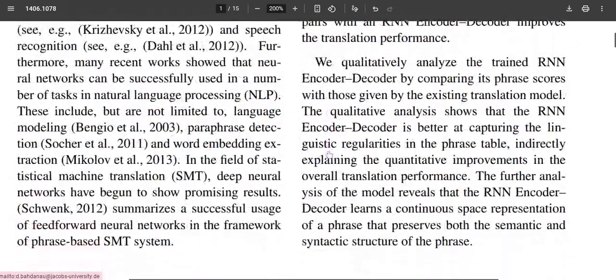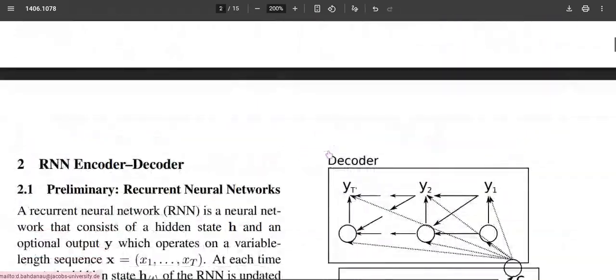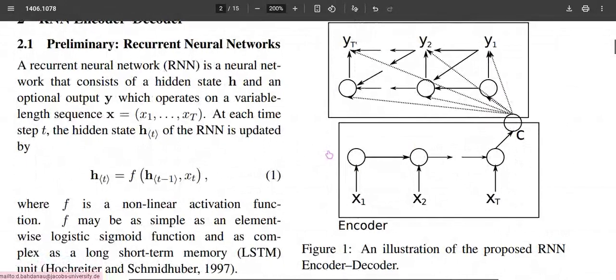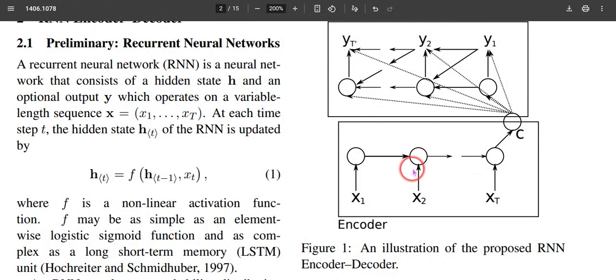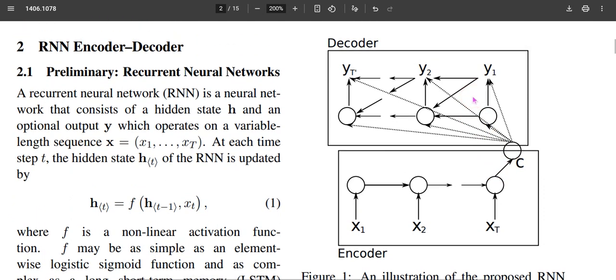This architecture can be clearly explained in this figure, where this is an encoder mechanism and this is a decoder mechanism. This is an RNN which takes a sequence of inputs x1 to xt, and the final hidden state output is given further as an input to the decoder mechanism. This decoder mechanism is another RNN.